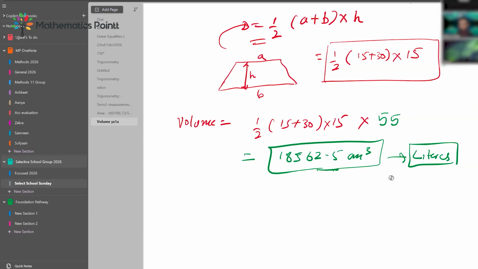I need to see how many liters, not the mils, liters. 18.5625 liters. Correct. Good job, LP. Yes, now I'm getting the right answer from everyone.